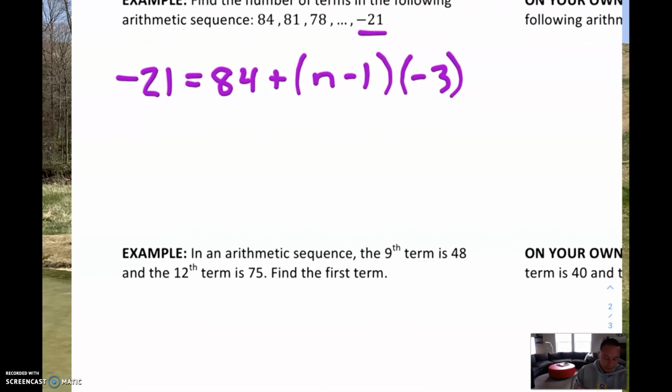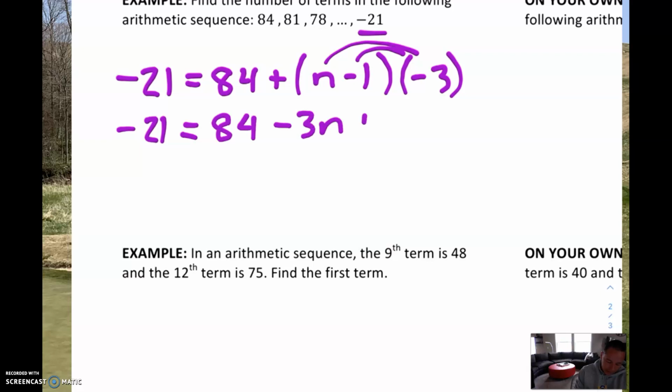Now it's just a matter of simplifying and solving, so let's go ahead and simplify. If I take negative 3 and multiply it to both of these, this becomes minus 3n and plus 3. We can combine 84 and 3, so negative 21 equals 84 plus 3 gives you 87 minus 3n.